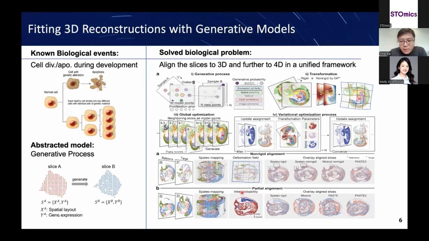So why is this alteration useful to interpret biological events? Here is a very good example. For this stage of the central nervous system, the neural tube is still a hollow tube.